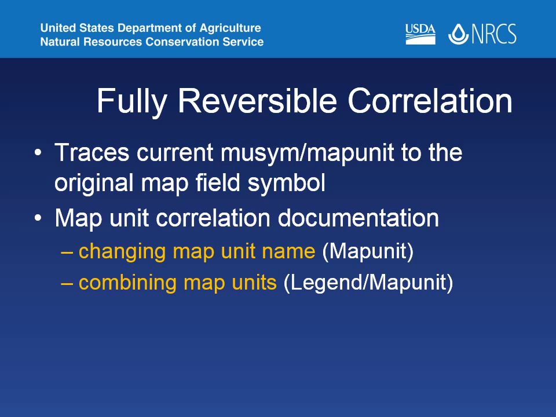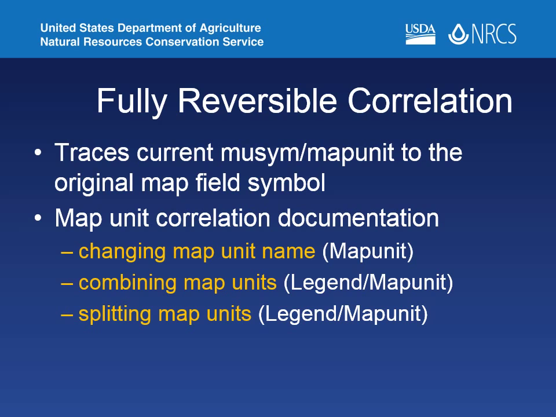And similarly, if you were working in an SDJR project where you were combining the alpha silt loams in 3 different counties into a single MLRA map unit concept, you would be combining those 3 into one. Also, there's splitting map units, which goes back into the initial work. Let's say you created a complex or an association that you've chosen to split out into 2 consociations.